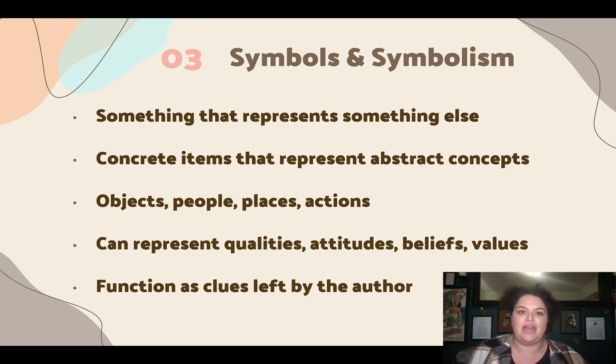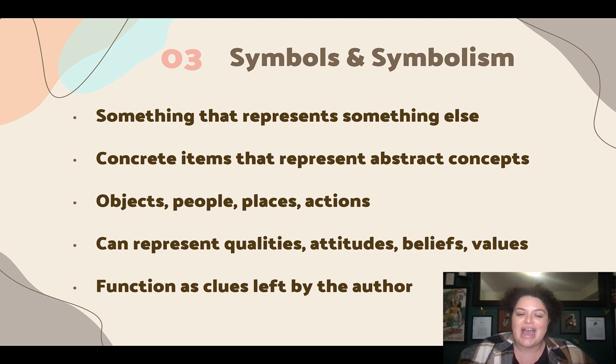symbol represents. A symbol itself can be an object, a person, a place, or an action, and the symbolism is what that thing represents: a certain quality or attitude, belief, some kind of value or morality. But what's really important to know is symbols are the concrete item.